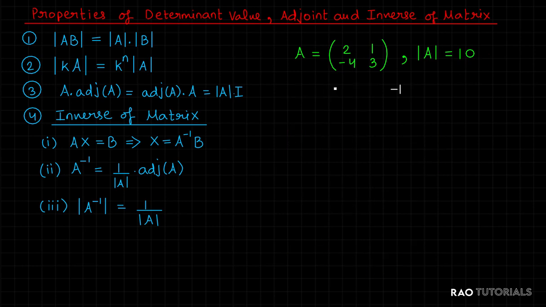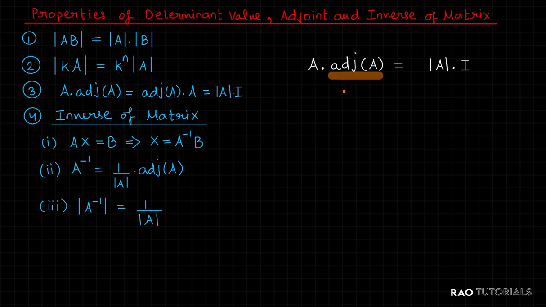Moving on to our next relation. From third relation, we have... note that A is a matrix, adjoint of A is a matrix, determinant of A is a scalar, and identity is a matrix.